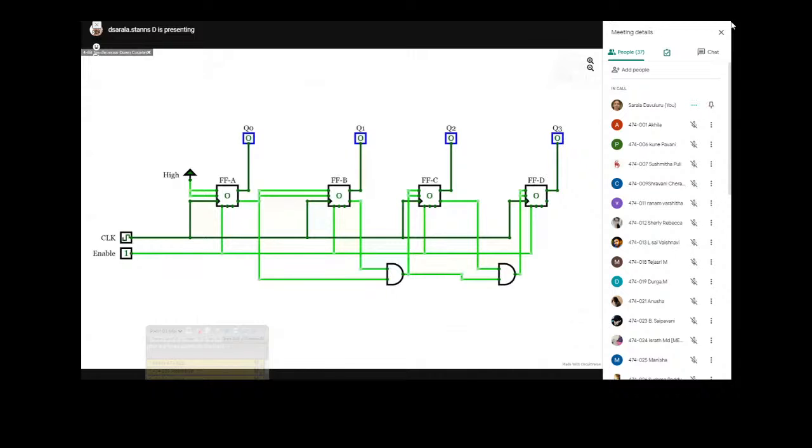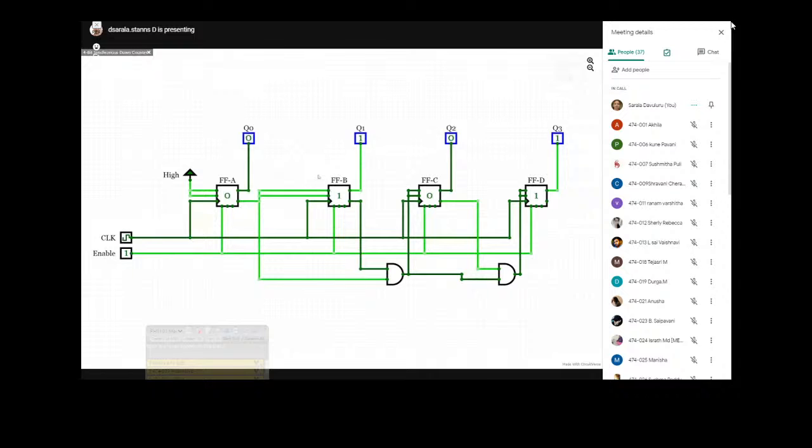This is the least significant bit, and this is the most significant bit. Okay. Now let us see. All high, 0, 7 this is. 1 1 0 1 is 11. 1 1 0 0 is 12.